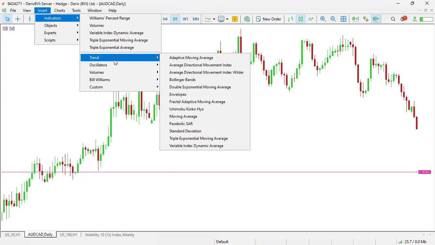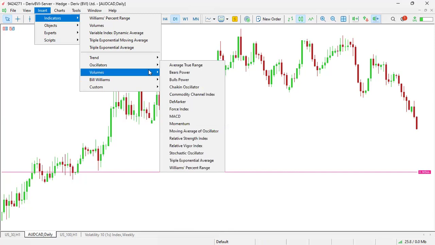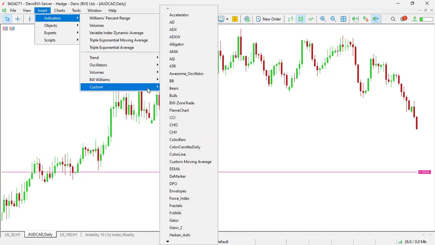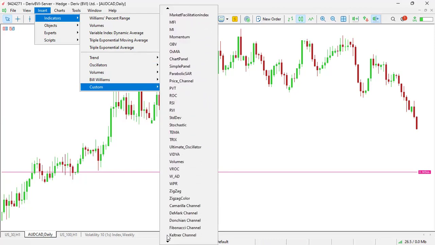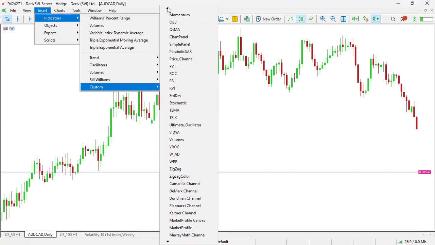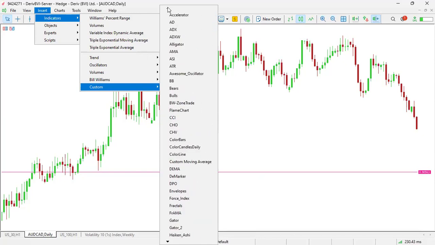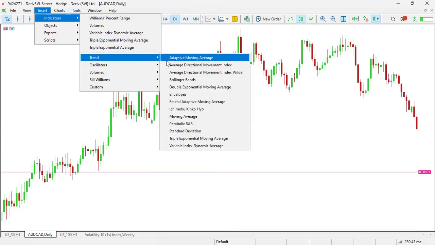How come it's supposed to be here? Let's look at the oscillators. I don't know why I can't see the fib retracement.